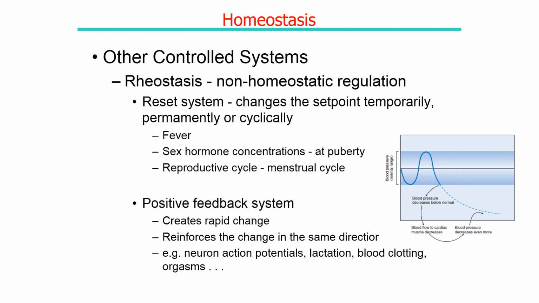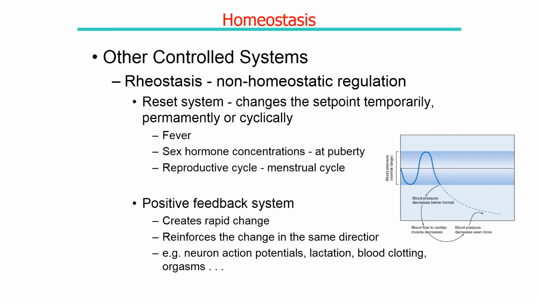The set point for temperature is in the hypothalamus, and there are receptors in blood vessels. These receptors are called thermoreceptors. So thermoreceptors are detecting blood temperature and sending signals to the hypothalamus, and the hypothalamus is comparing the actual temperature of the body to the set point.